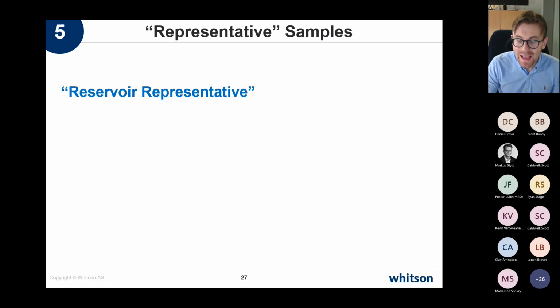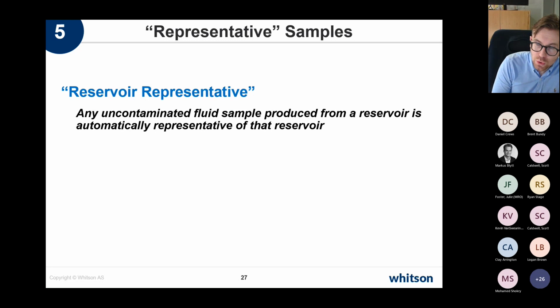That is any uncontaminated fluid sample produced from a reservoir in general, and that will automatically be classified as a representative sample for that reservoir. So whether it's above or below the saturation pressure, as long as it's not contaminated by any muds, which is not really relevant for unconventionals, it's classified automatically as reservoir representative.